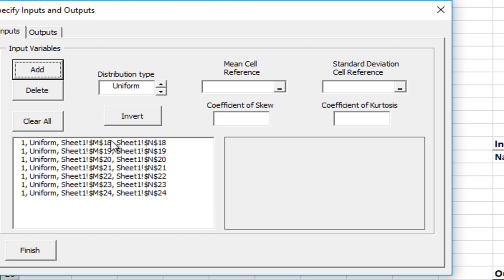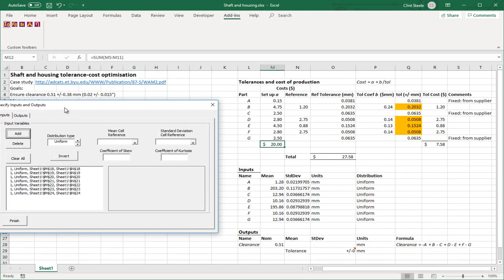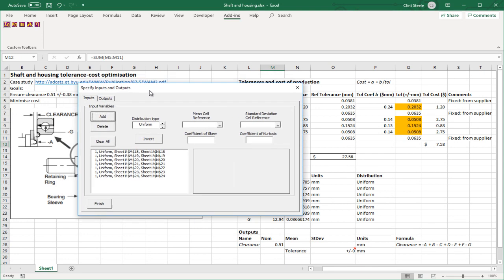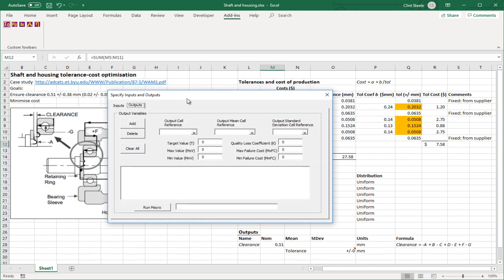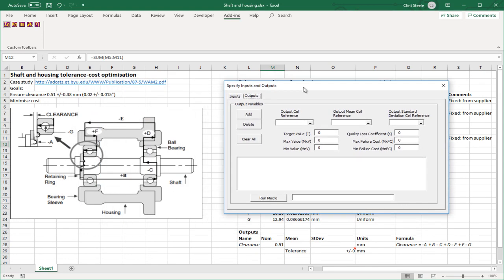Yep, everything's uniform. 18, 19, 20, 21, 22, 23, 24, 18, 19, 21, 22. It's always worth double checking that you've got the correct cells highlighted before you go off and do your calculations and simulations and optimizations. Okay, so now we'll go to the output, I should say.